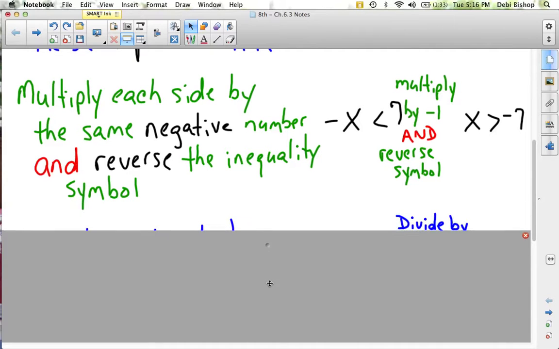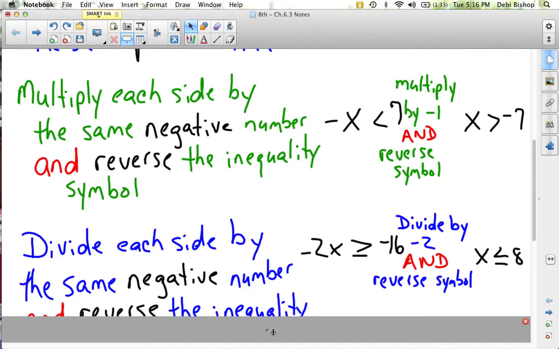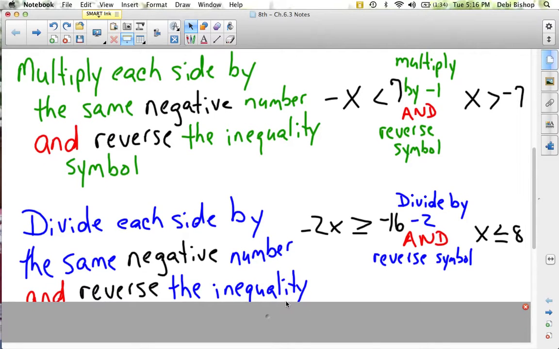You can see similar rules when you divide. When you're dividing by a negative number, you divide each side by the same negative number, and again, you reverse the inequality symbol.